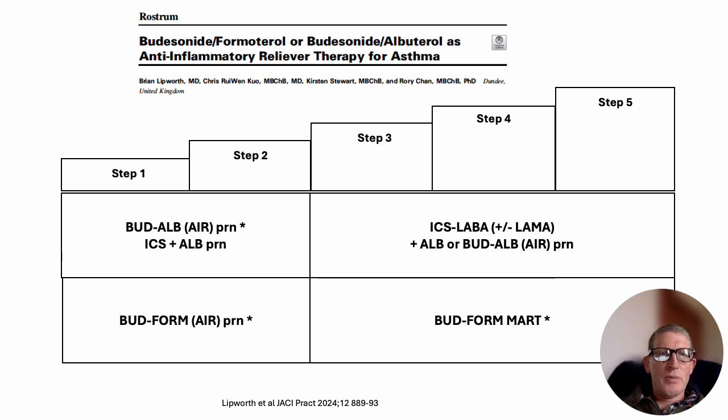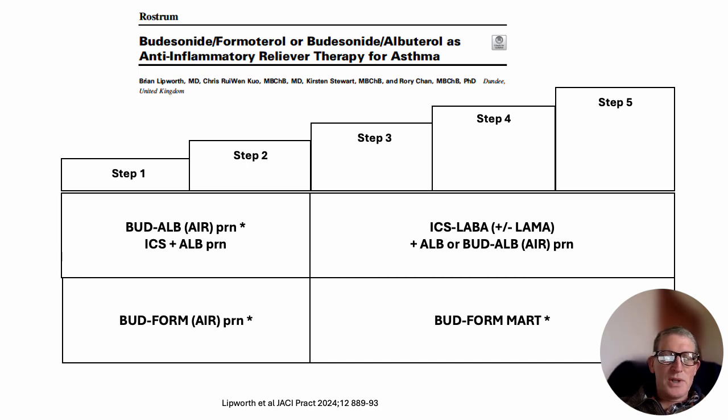So this is a review article that I wrote, a Rostrum article in the Journal of Allergy and Clinical Immunology in Practice recently in 2024, earlier in the year, just to try and illustrate and clarify in my own mind where these two anti-inflammatory relievers, either budesonide formoterol or budesonide albuterol, fall into place within the current GINA guidelines.